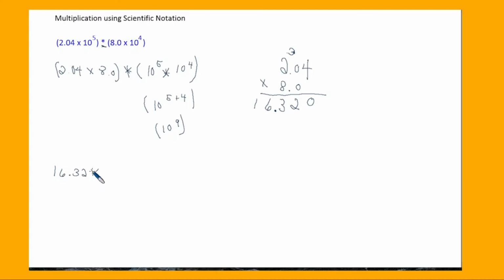16.32 times 10 to the 9th power. Now, if we want to put this into proper scientific notation, we need to move our decimal one place over. So we would have 1.632 times 10, and that would be 9, plus we're going to move our decimal one place to the left, so that would be a +1 there.